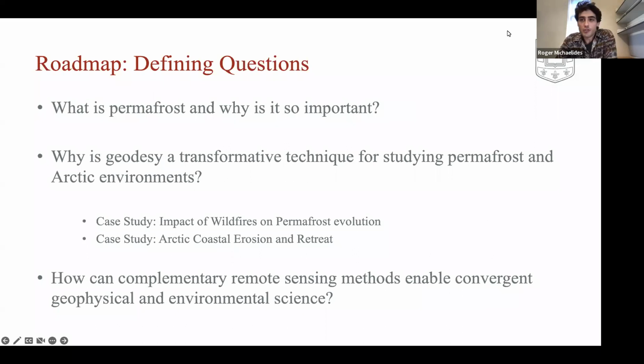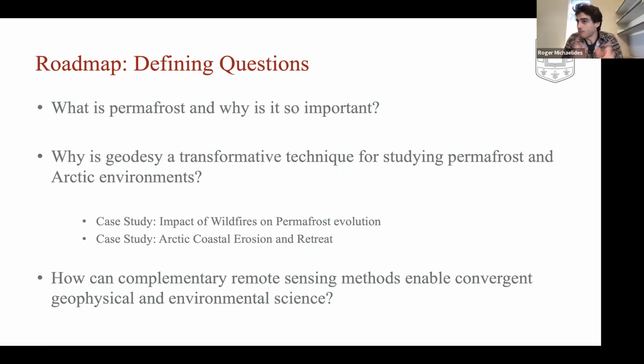Before I go too much into the nitty-gritty, I just want to lay out a bit of a roadmap for this talk so that we can all be on the same page. First, I will introduce permafrost and talk about why it's so important.